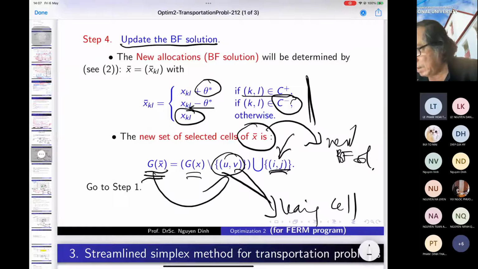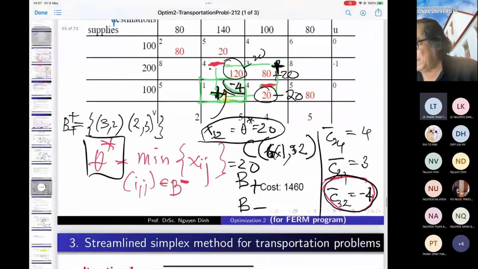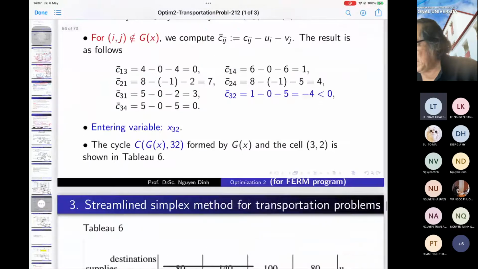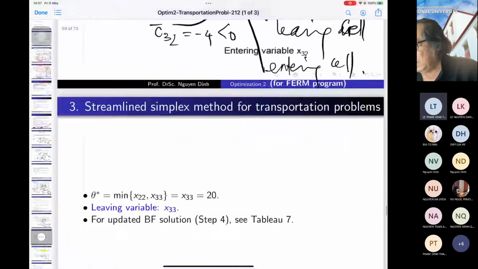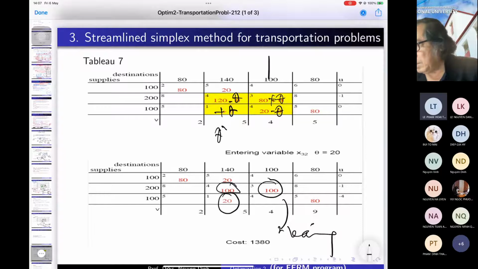For example, here we have minus theta and plus theta, where theta is theta star, equal to 20.